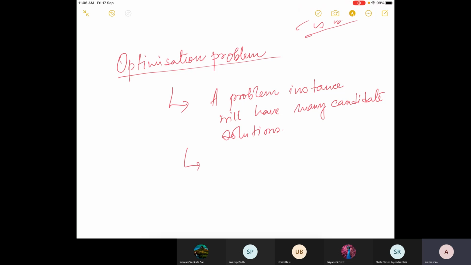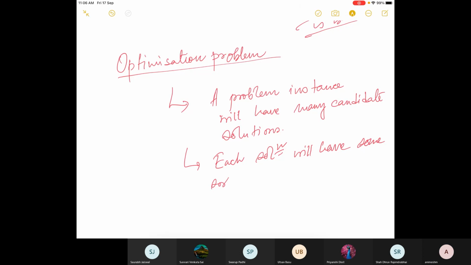Each solution will have some sort of a value associated with it.